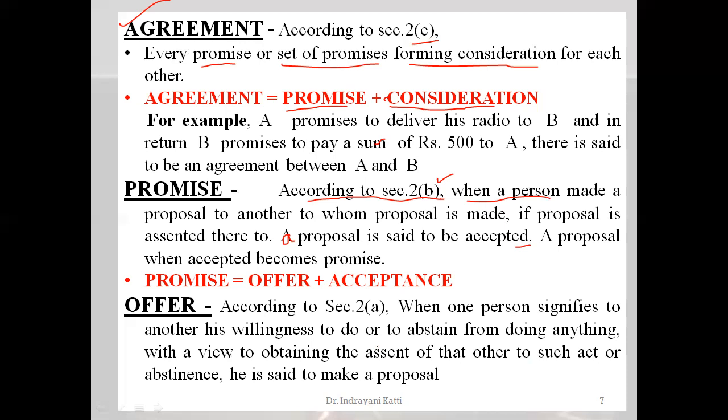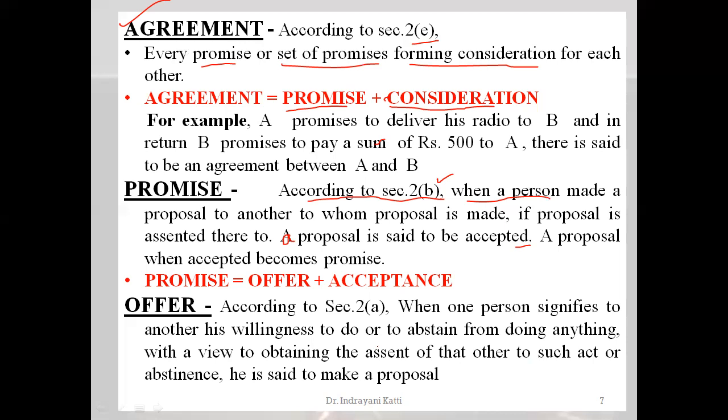Here I conclude. I have given you the meaning as well as definitions of different legal terms which are most commonly used in the Contract Act. Contract is equal to agreement plus enforceability. Agreement is equal to promise plus consideration. Every promise or set of promises forming consideration for each other, both the parties, is known as agreement.